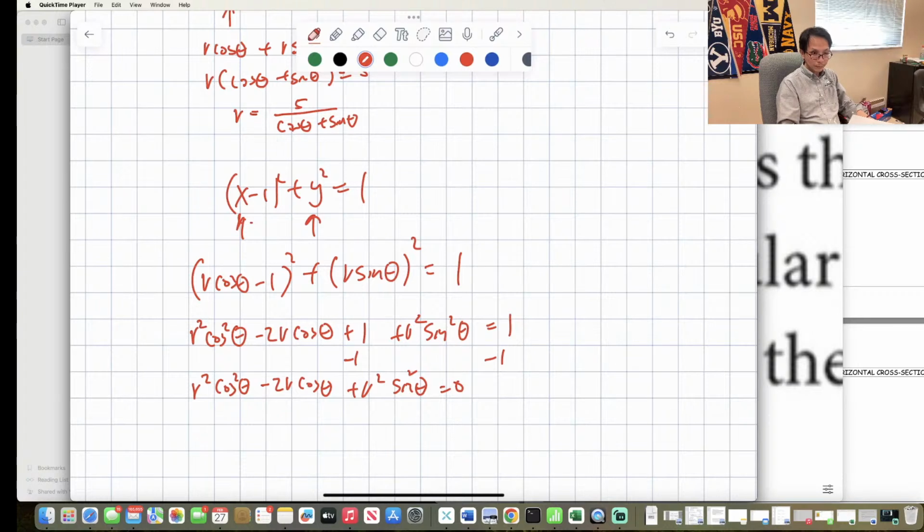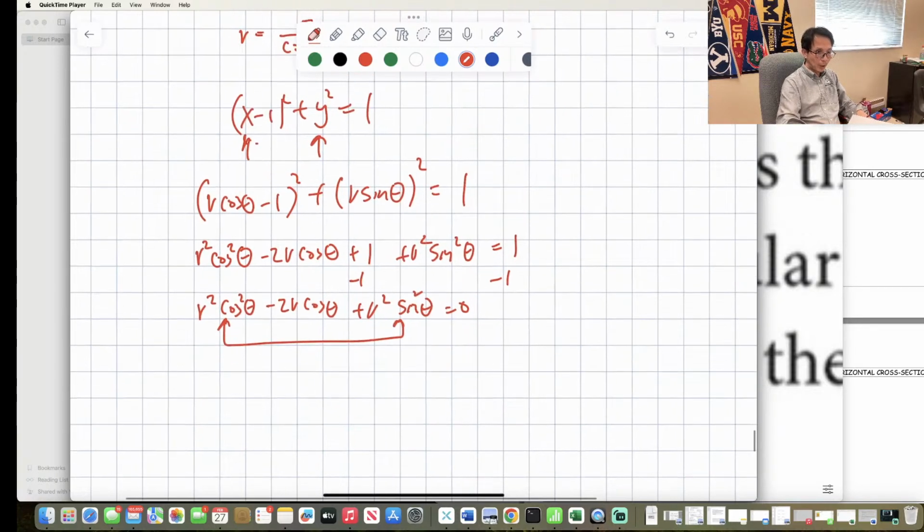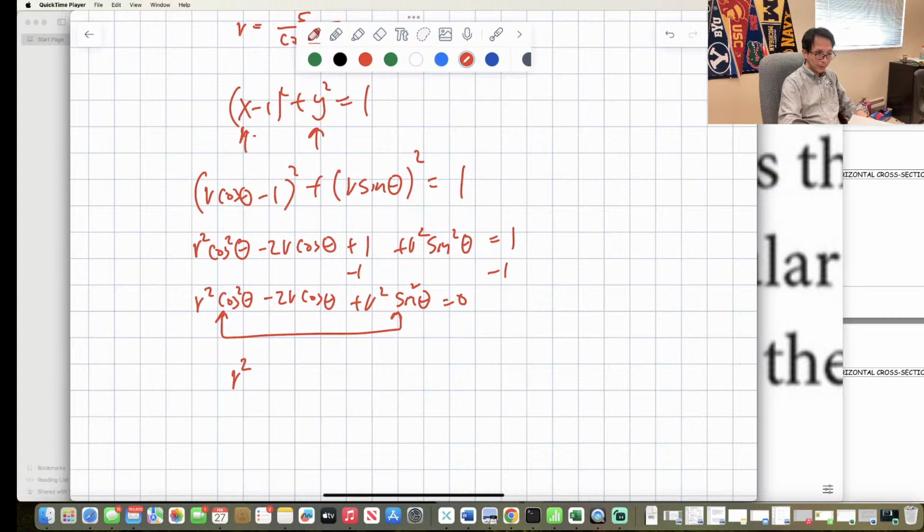What do you see here? Can you make them all one? R squared cosine squared theta plus r squared sine squared theta is what? It's r squared, so that should be r squared minus 2r cosine theta equal to 0, right? Can I factor out r?